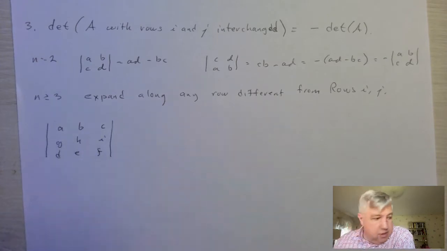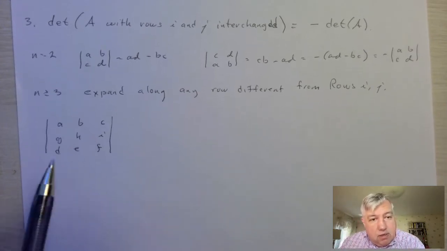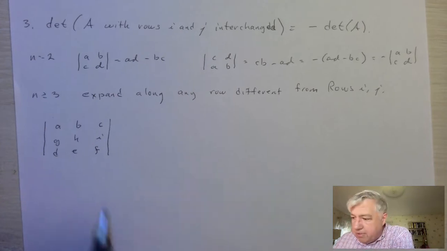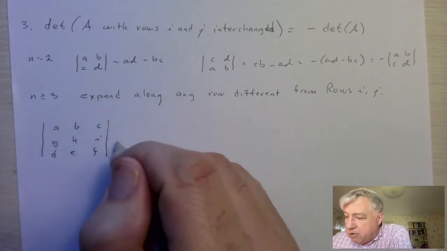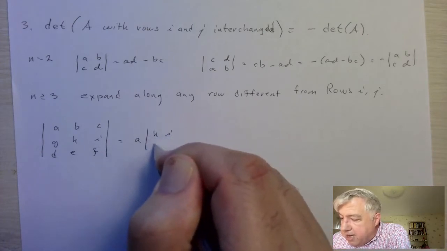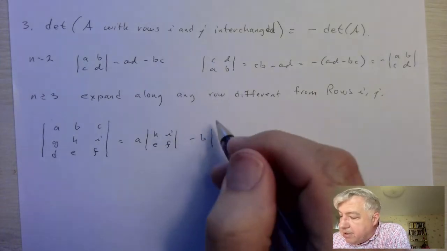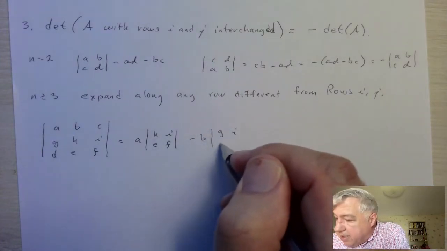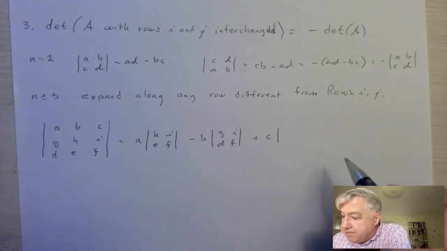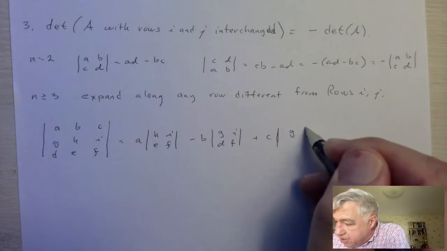That's what we get if we interchange the second and third rows. Now we expand along the top row, and we have A times the determinant HIEF minus B times the determinant GIDF plus C times the determinant GHDE.